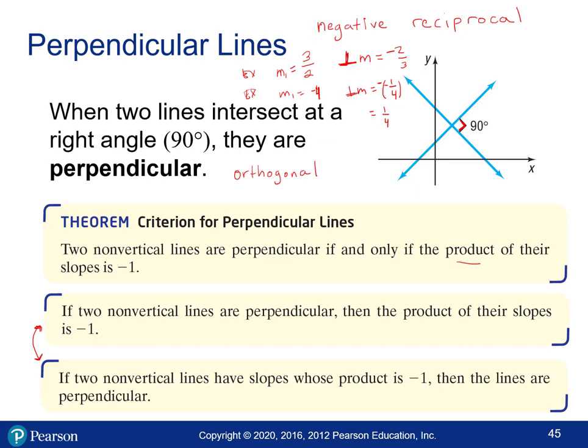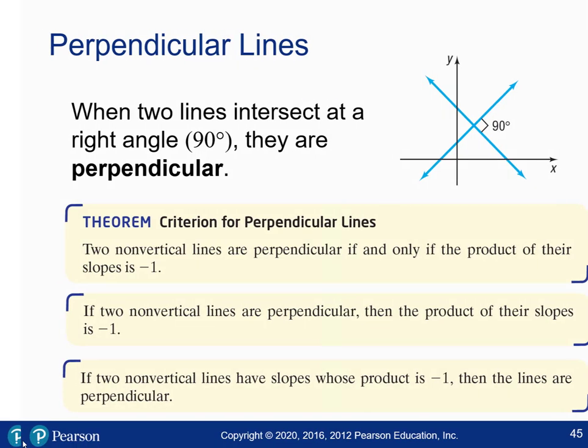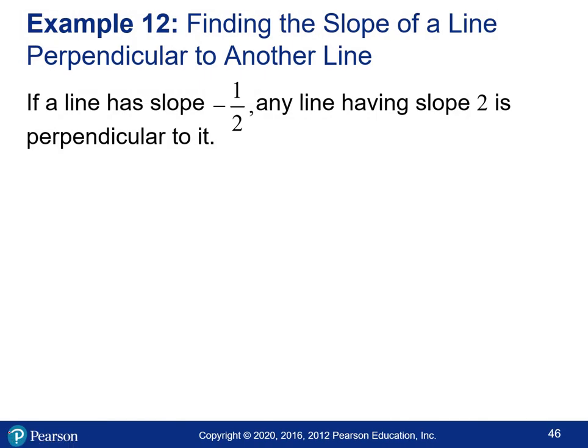So another way to remember this is that the slopes are negative reciprocals of each other. And another thing that helps me always remember is that one of the slopes is always negative, while the other one's always positive. So here's a quick example, kind of like we just did. If a line has slope -1/2, then any line having slope of 2 is perpendicular to it. Because if you flip over 1/2, that becomes 2/1.